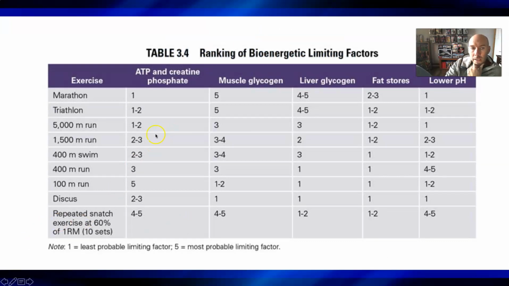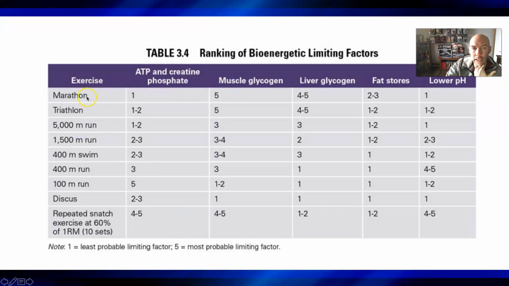What we're looking at here is the primary limiting factor for different activities of different duration. So again, we're looking at a ranking. And notice it's telling you the most probable, like we don't know exactly, but this is the most likely culprit.